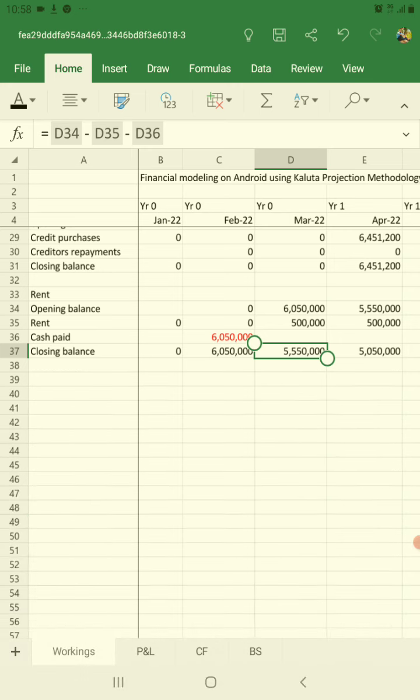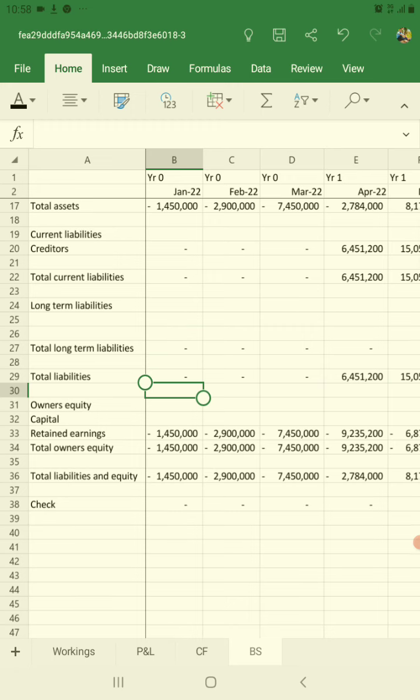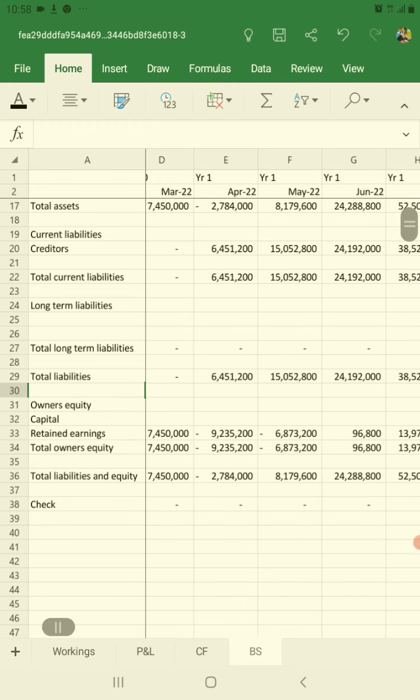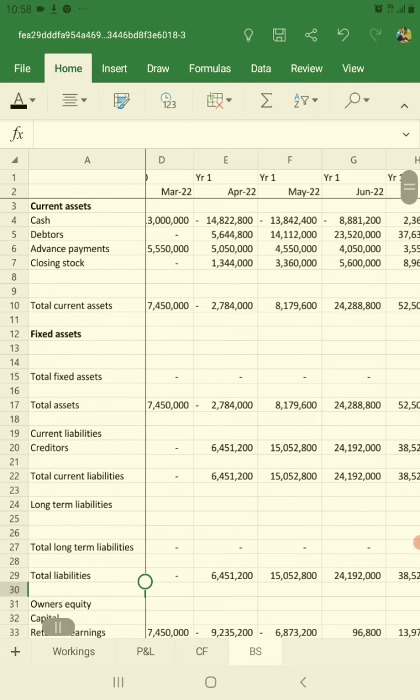Thus far, let us go to the balance sheet. Thus far, we have modeled the balance sheet.